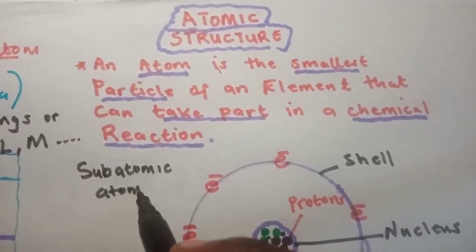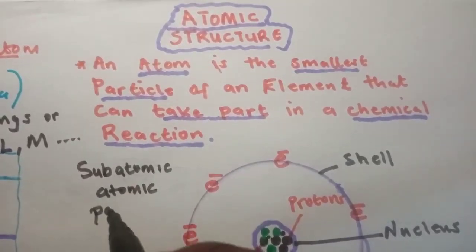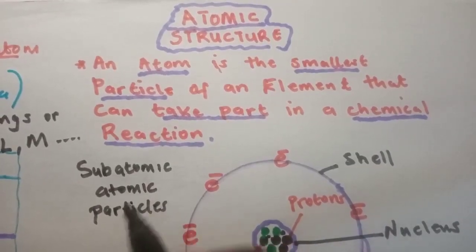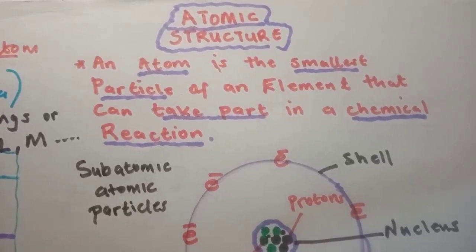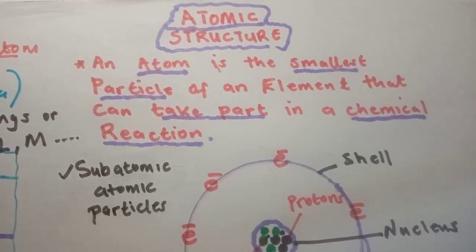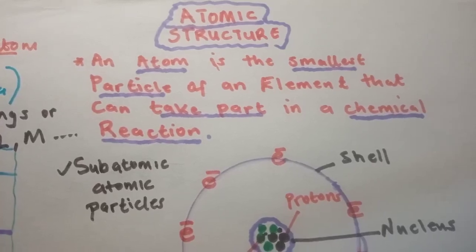The atom itself is also made up of very, very small particles that we call subatomic particles. These are particles found within the structure of an atom, or they make up the structure of an atom.